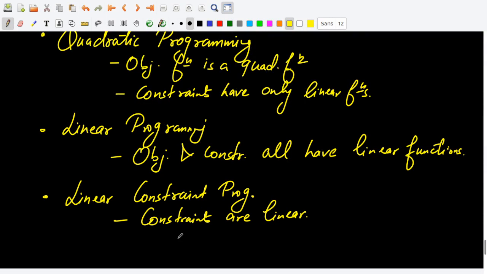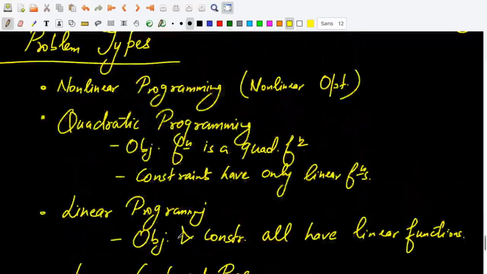So we have these different classes of problems because we will look at some specialized methods to solve these problems, and these problems are pretty big classes in themselves, in the sense that many practical problems can be modeled as quadratic programs or linear programs or linear constraint programs. So it is okay to develop customized algorithms for these specific types of problems, and when you see these specific types of problems, then you can directly deploy those algorithms and get a solution.